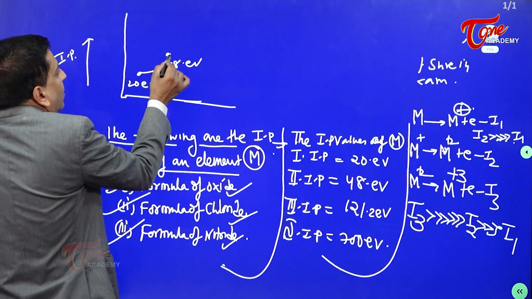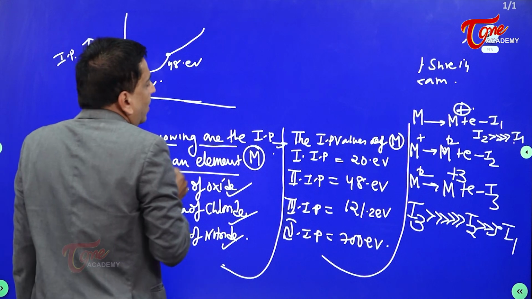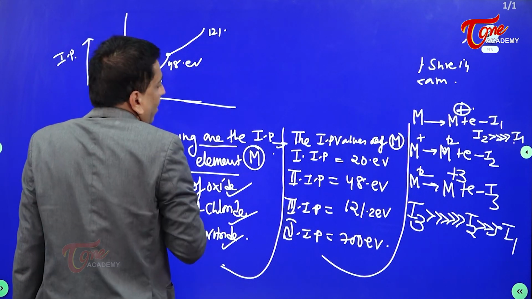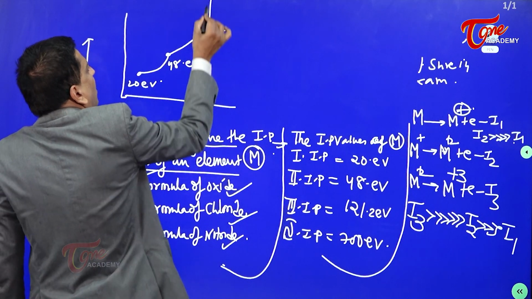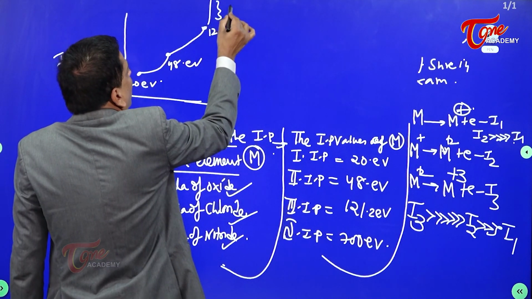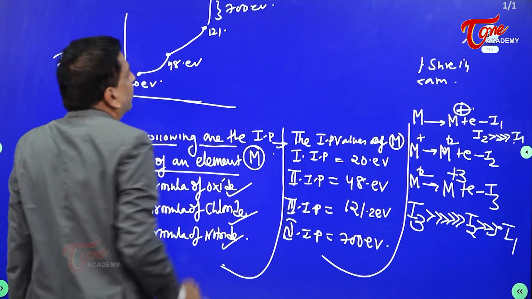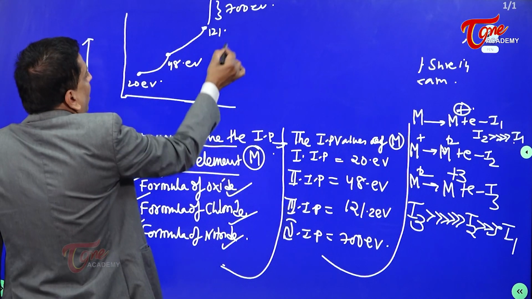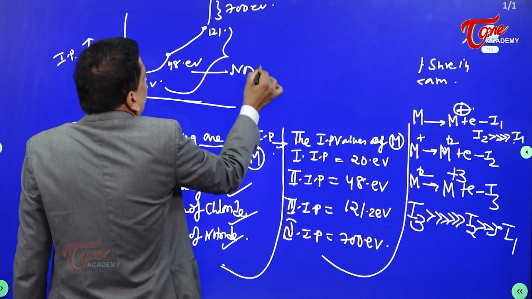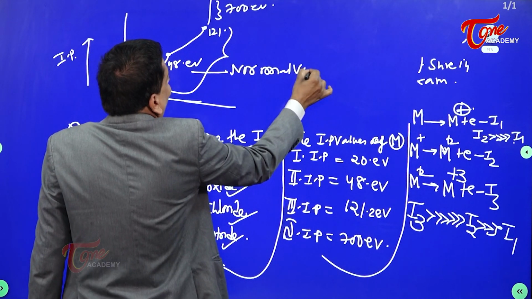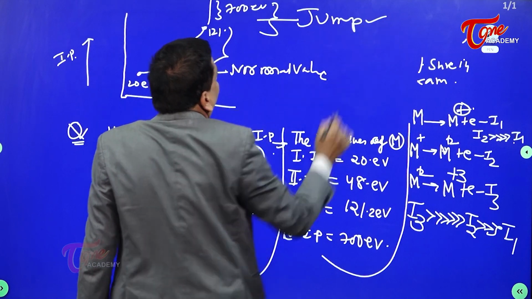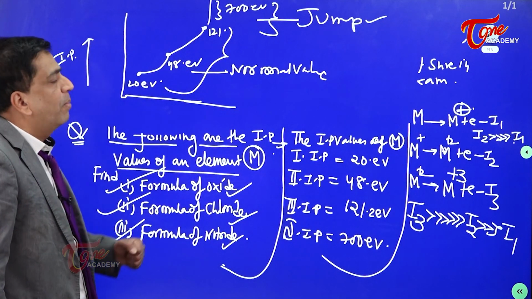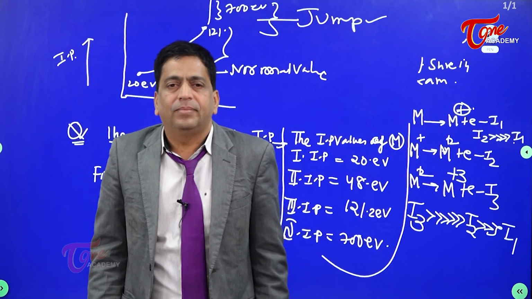Fine. This further increased to 121. And this seems to be absolutely abnormal. This is 700. Till here, it seemed to be normal values. This, I consider to be a huge jump, which I disagree with. Something happened.